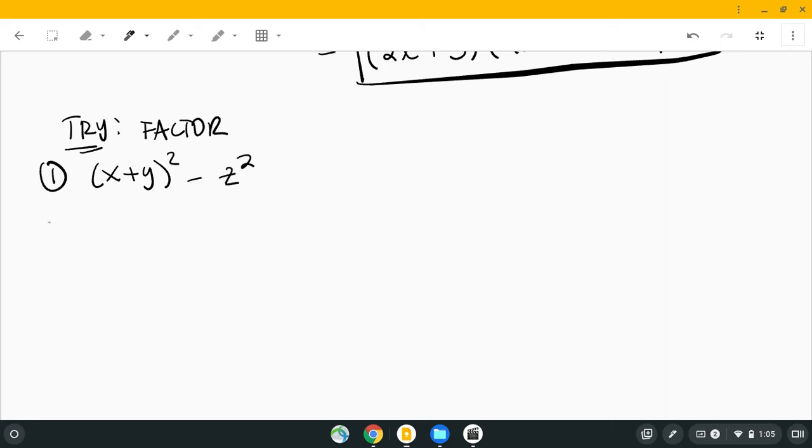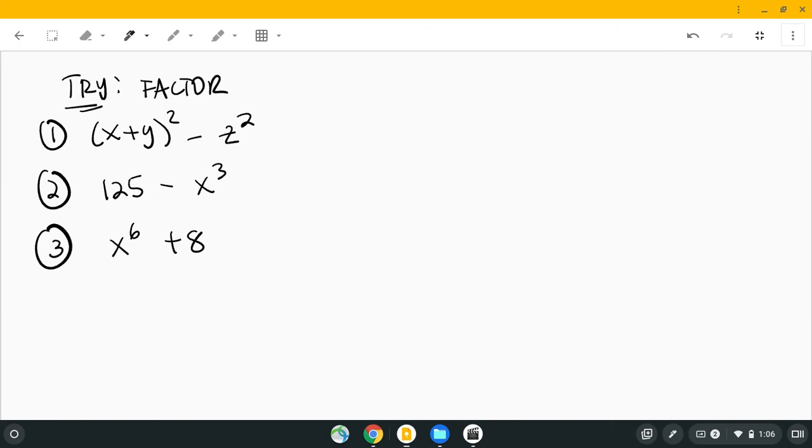And this one here, 125 minus x cubed, and x to the 6 plus 8. Okay, so a little higher level than the other ones, but nonetheless, if you can identify the structure, the process is going to be the same. Okay, so go ahead and hit the pause button and come back to check your answers.